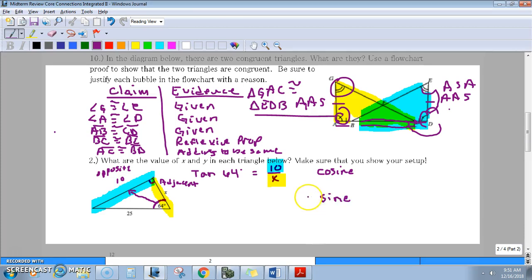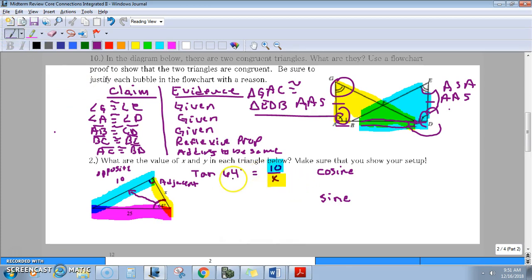All this means, if we were going to have all of the sides of the triangle written as a fraction using different sides, it would look like this.